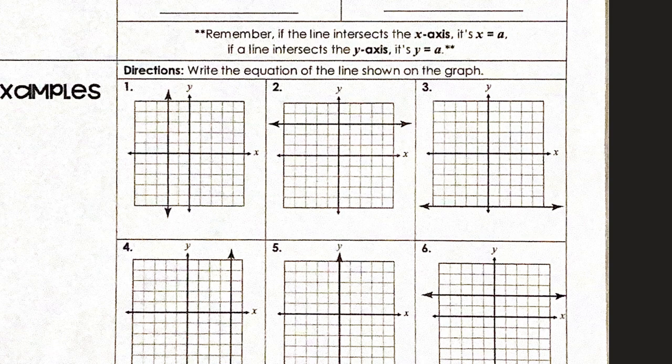Vertical line equation starts with what letter? X. So for number 1, it'll be x equals, and then x equals -2. Where does the vertical line go through the x-axis? At -2. Boom, there it is. X equals -2. So as soon as you see that it's vertical, it's x equals. As soon as you see that it's horizontal, it's y equals.